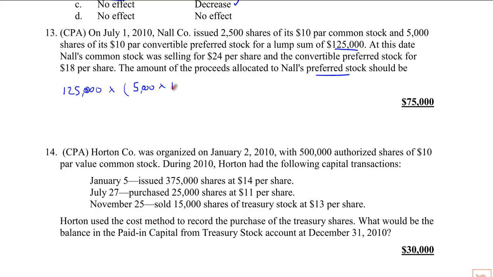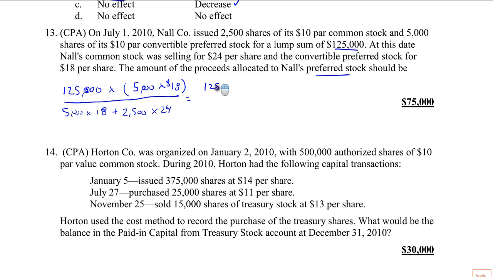5,000 times $18 for preferred over 5,000 times 18 plus 2,500 times 24 equals, all right, let's do a little work here. 5,000 times 18 is 90,000.